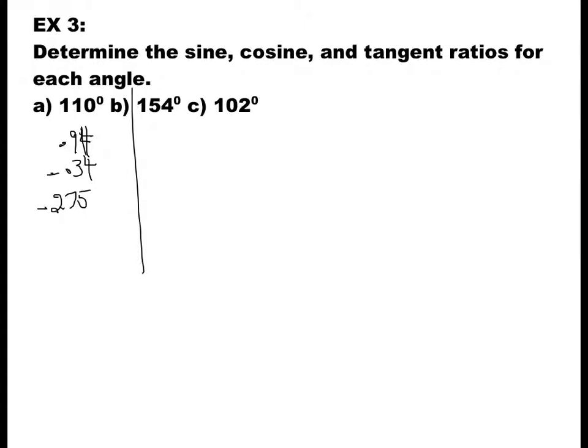For the second one, sine of 154 is 0.44. Cos of 154 is negative 0.9, and tan of 154 is negative 0.49. For 102, if you use your calculator, sine is 0.98, cos is negative 0.21, and tan is negative 4.7.